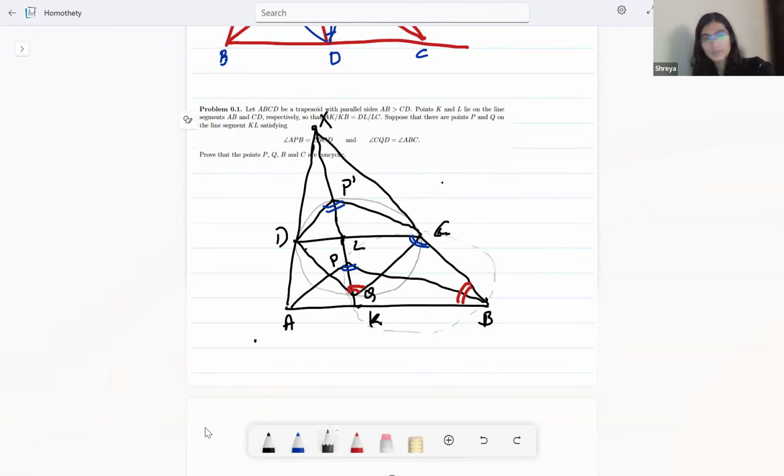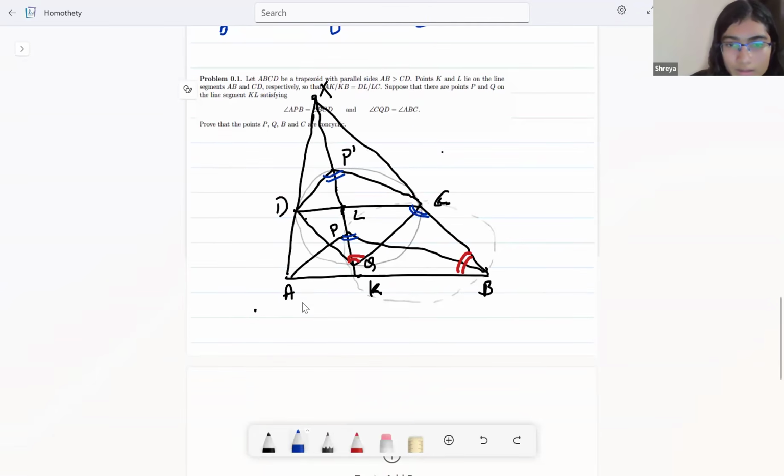Good idea, but since the conditions on Q are using CD itself, it would not make that much sense because we'll have to introduce new lines. Right, so what else do we have?